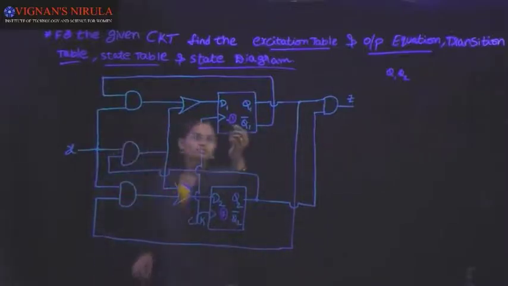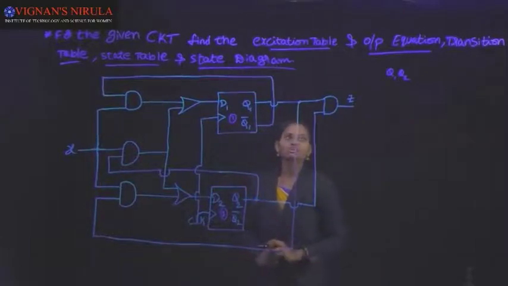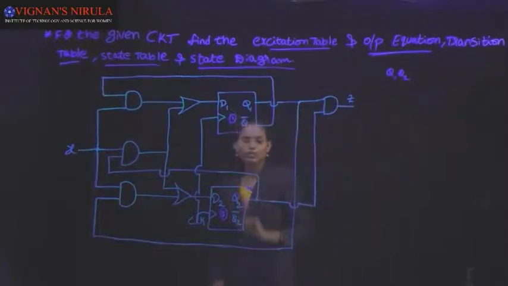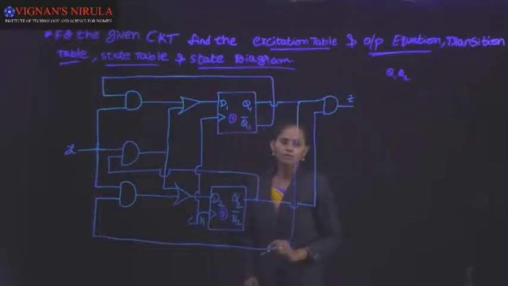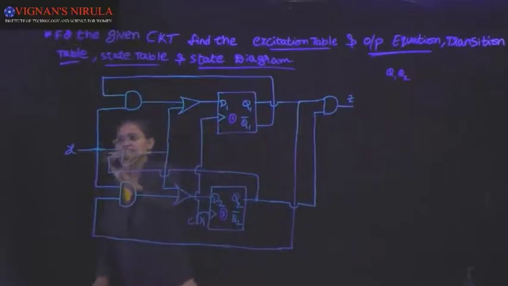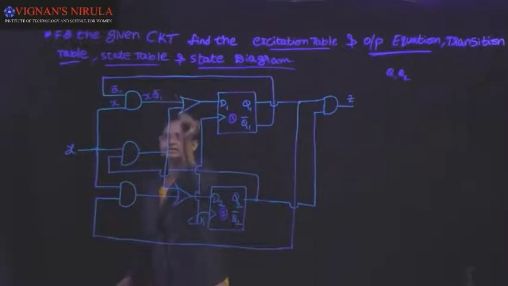First find out the D1 and D2 equations, and the output equations. Here D1 and D2 are the two flip flops. For D1, what is the equation here? X is considered here, and this AND gate's input consists of Q1 bar, and finally X Q1 bar is there.